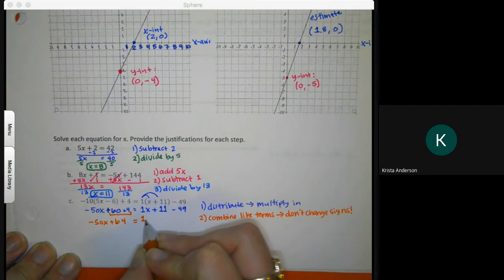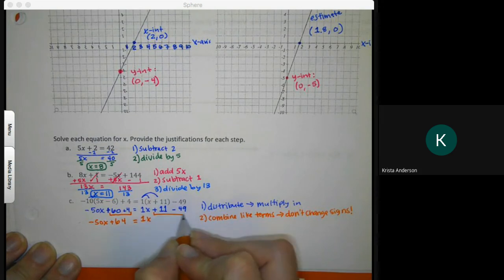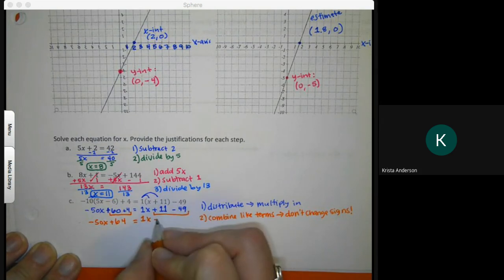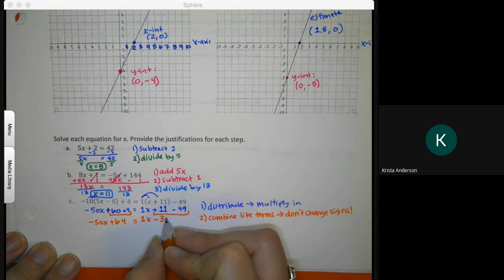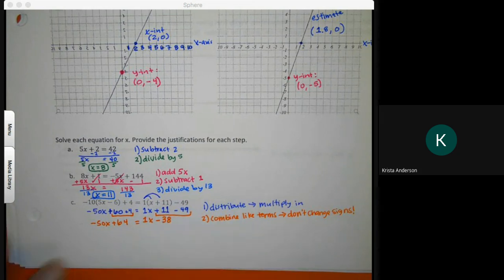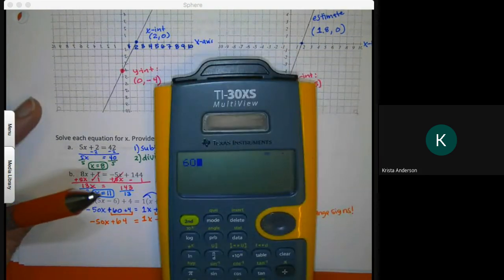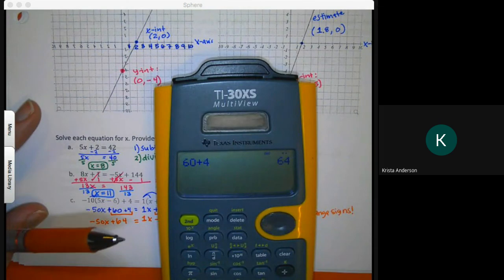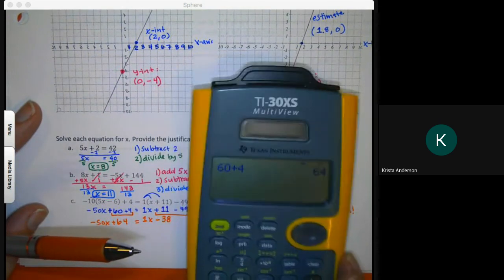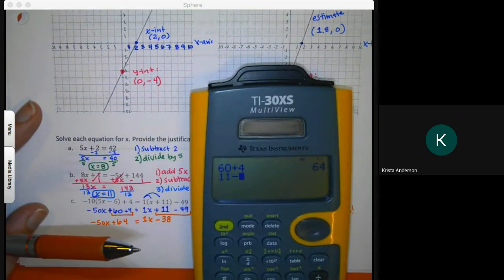I have a 1x. 11 minus 49, that's negative 38. Once again, you can use your calculators. 60 plus 4 is 64. Then I would check 11 minus 49. I don't change the signs at all. It's negative 38.